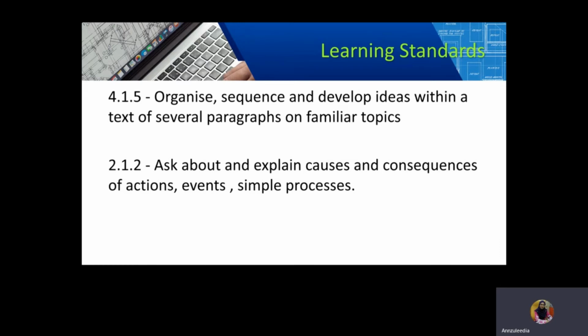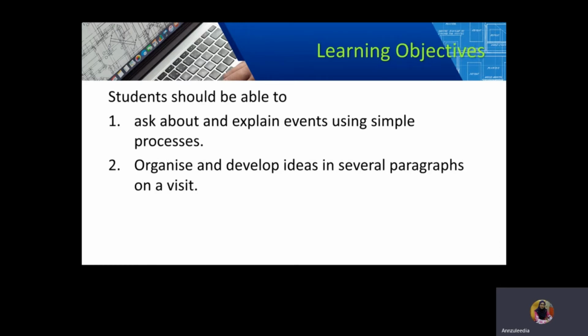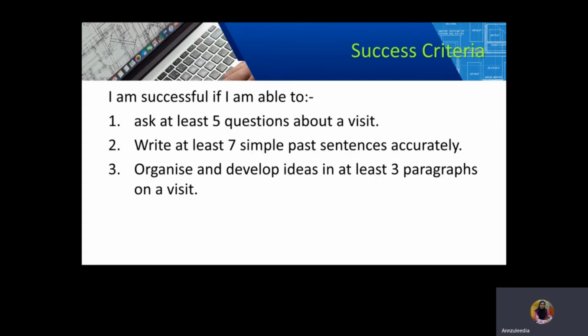Our learning objectives for today: one, students should be able to ask about and explain events using simple processes. Number two, students should be able to organize and develop ideas in several paragraphs on a visit. So how do we measure whether we are successful or not? The success criteria: I am successful if I am able to ask at least 5 questions about a visit.